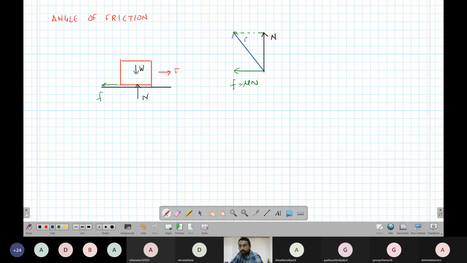This is the resultant. So R is the resultant of the normal force and the friction force.